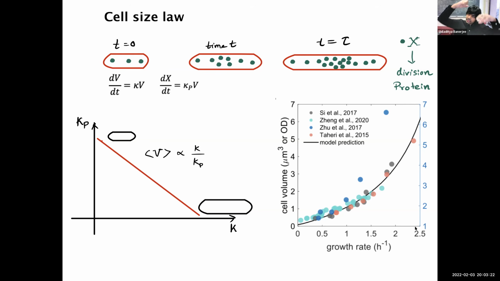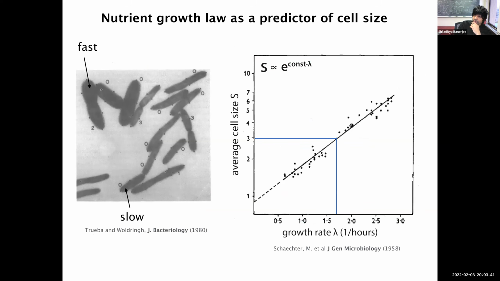This is the first plot that I showed in my slides, and you can explain this using the simple principle of resource allocation. This is called the cell size law. I call it a law because it was first discovered by looking at data, about 60 years ago, when people were studying the relationship between cell size and growth rate just by looking at data.